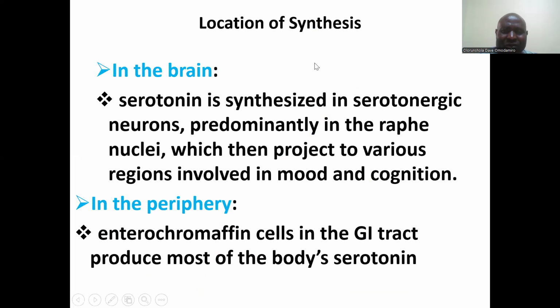The location where serotonin is being synthesized or found. Number one, it is located in the brain. Serotonin is synthesized in the serotonergic neurons, which are predominantly in the raphe nuclei, and then projected to various regions involved in mood and cognition.